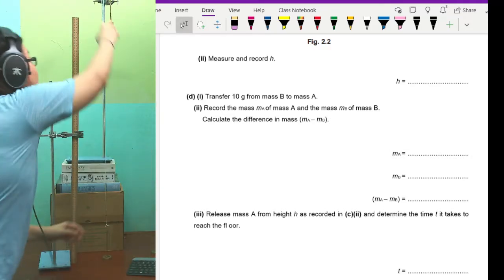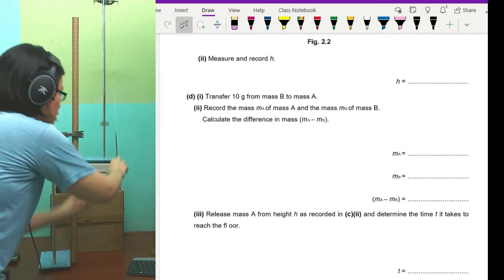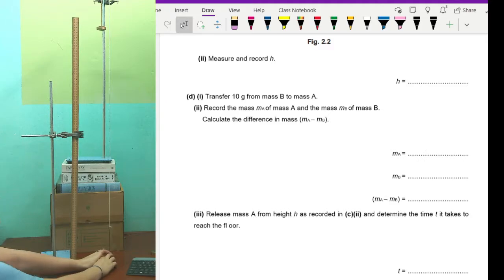Alright, let's go. Reading number 3. Whoops, wait, wait, I need to make sure my hand is placed properly.